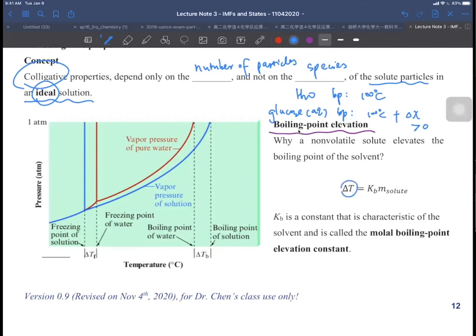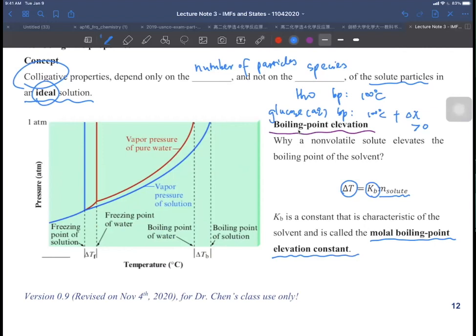And the delta T, the increment of the boiling point, is proportional to the molality of the solute. The coefficient is a constant called Kb. It is called the molal boiling point elevation constant.